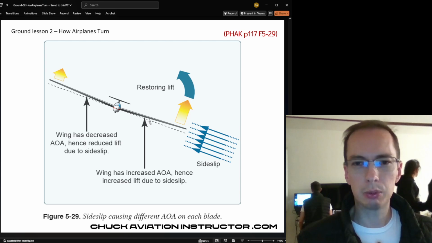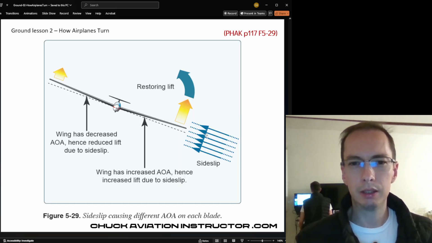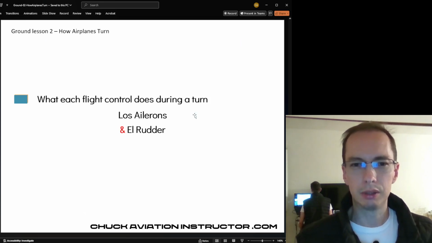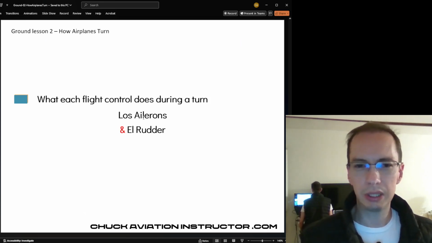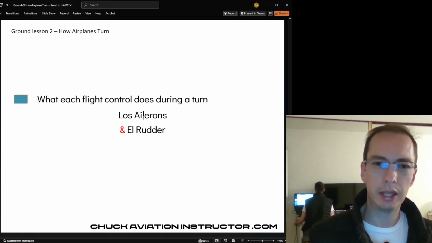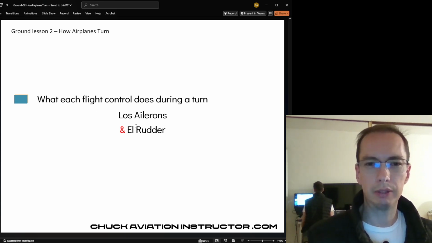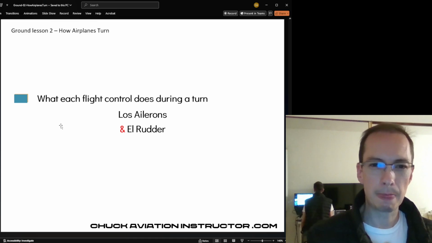So that's what actually happens. The wing receiving more relative wind is going to rise. So you need to coordinate ailerons and rudder together during entry and rollout, and even more during rollout, every time you turn. And that's why.